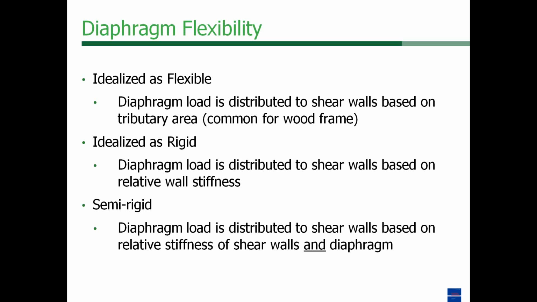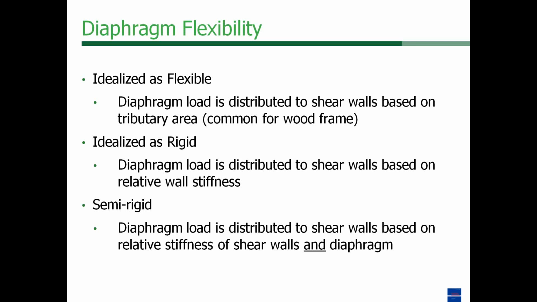On the other hand, the idealized as rigid case diaphragm load is distributed to shear walls based on the relative wall stiffness. And then third, the semi-rigid diaphragm load is distributed to shear walls based on the relative stiffness of the walls and the diaphragms.